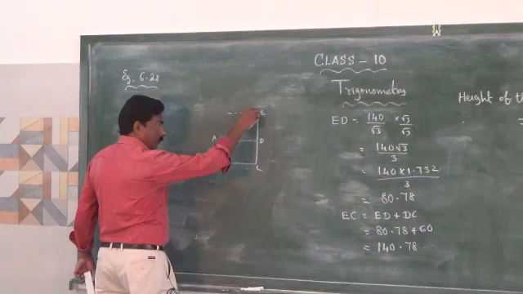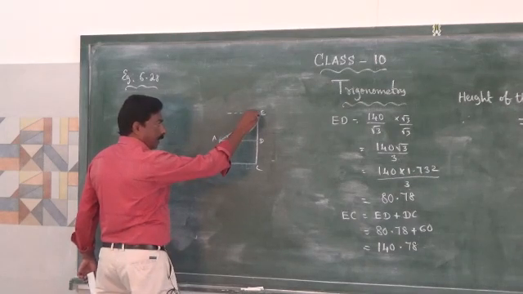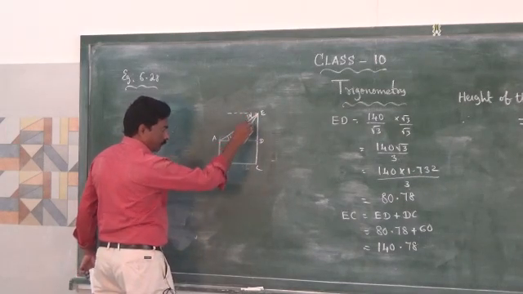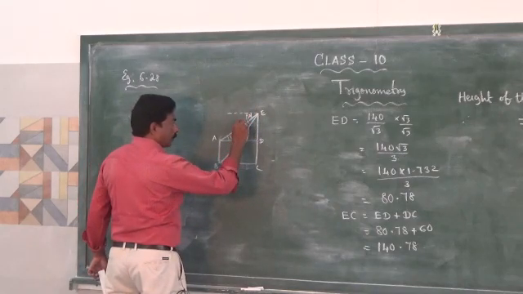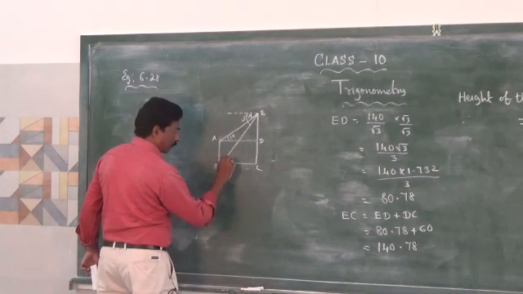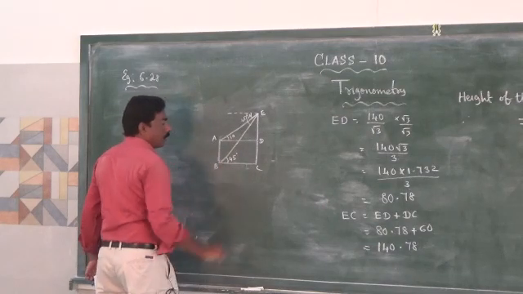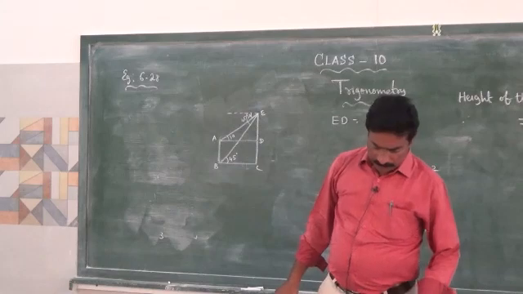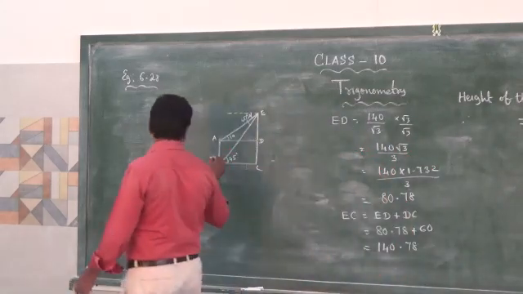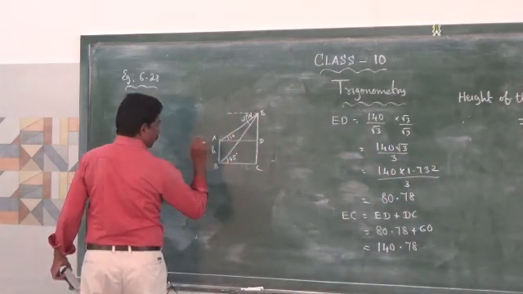And from the top of the tower, the angle of depression of the bottom of the tree is 45 degree. You have to find the height of the tree. So what is the tree? AB. So the height of the tree we have to find.